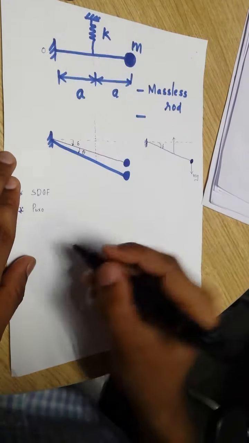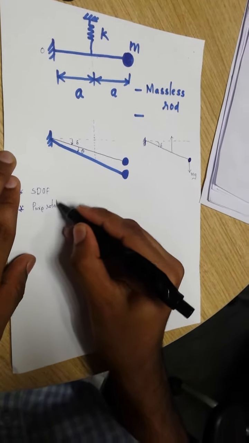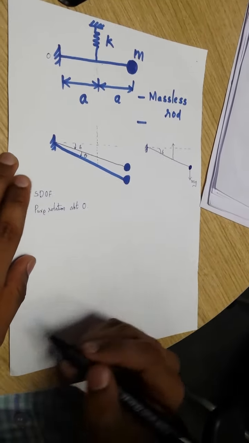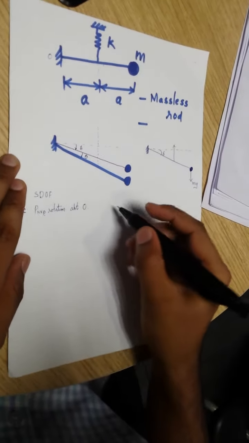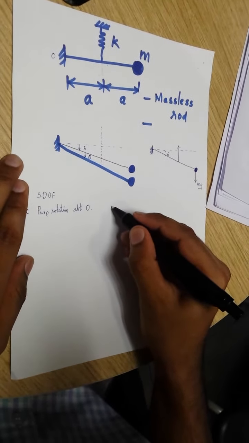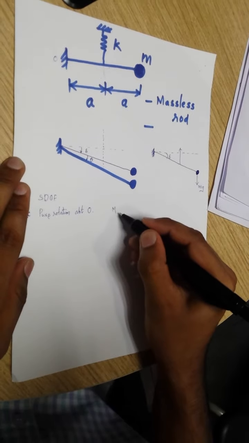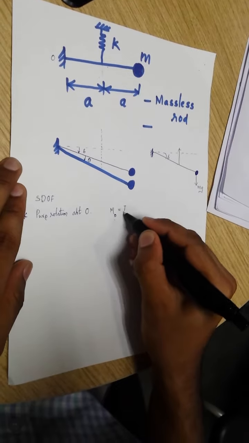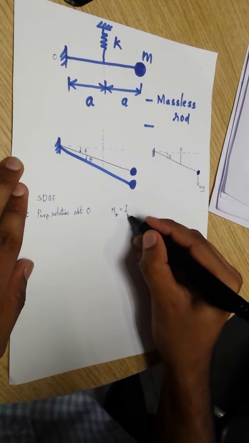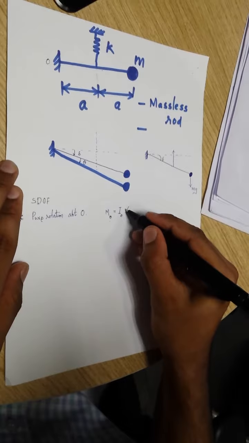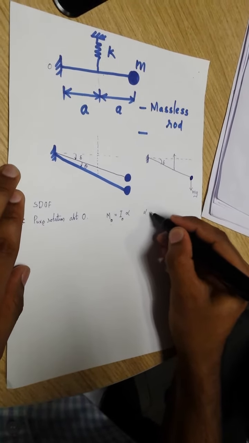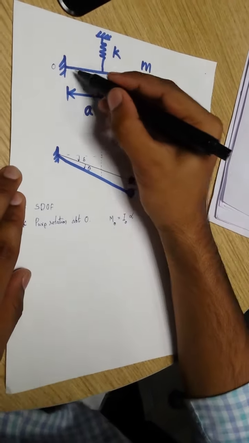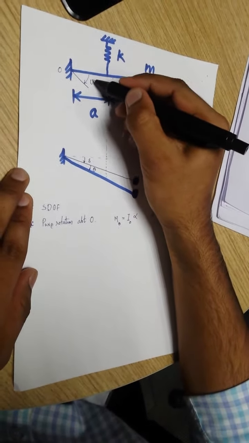I will call this point O. So this is undergoing pure rotation about O. Now I know from my study of engineering kinetics that the equation should be: sum up all the moments about the point O. It will be the mass moment of inertia of the object about the point O times alpha, where alpha is the angular acceleration, d square theta by dt square, if I define this inclination as theta.